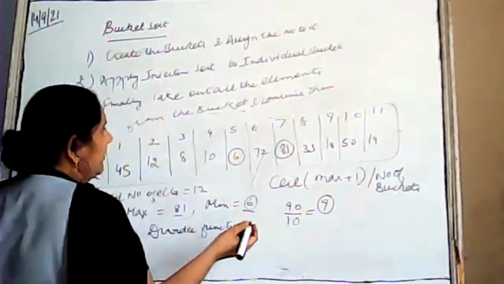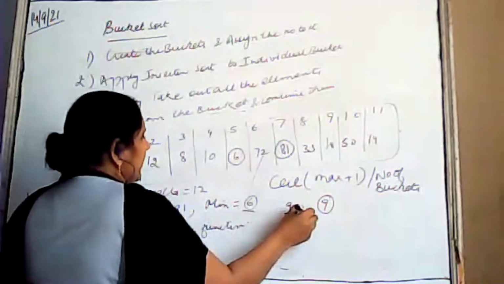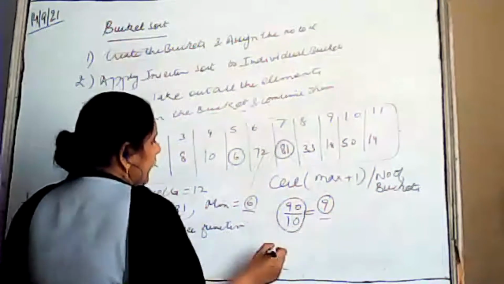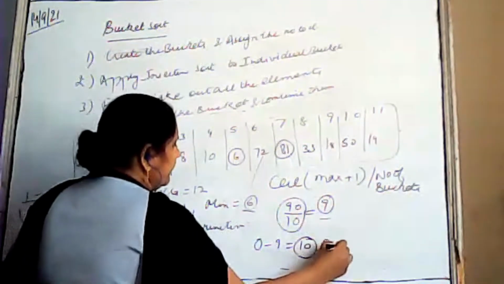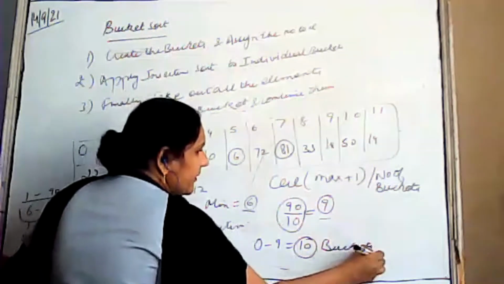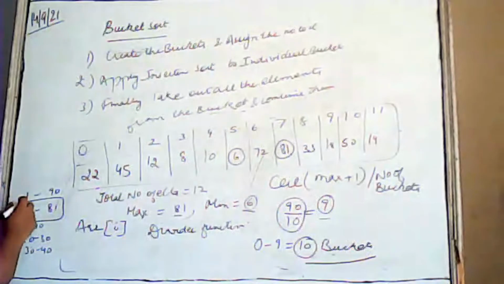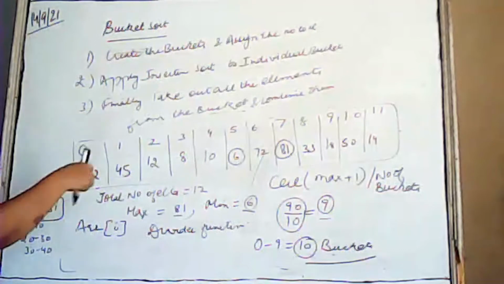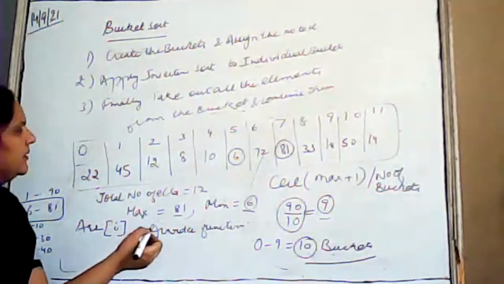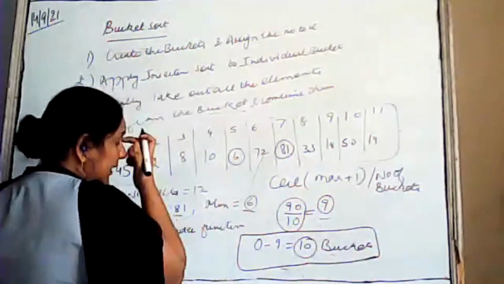Or you may take 10 buckets, because if the number is not greater than 81, then it is okay. We can take 9 buckets. If we start from 0 to 9, a total of 10 buckets would be there. Actually, we have to take the range 1 to 90, then divide by 10. You will get 9. Because the total number of elements is 12, you may have 10 buckets.